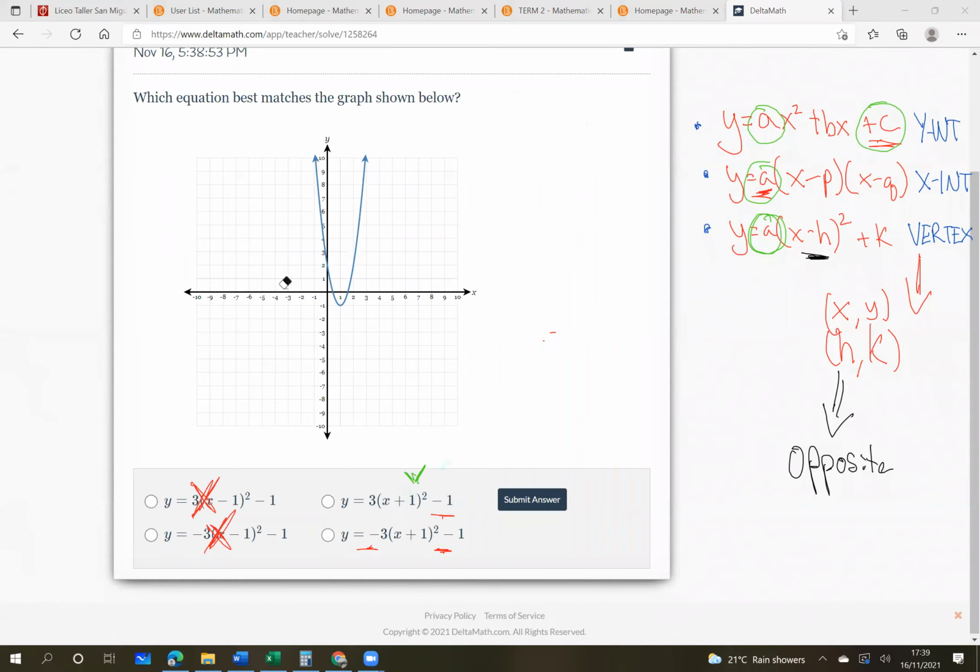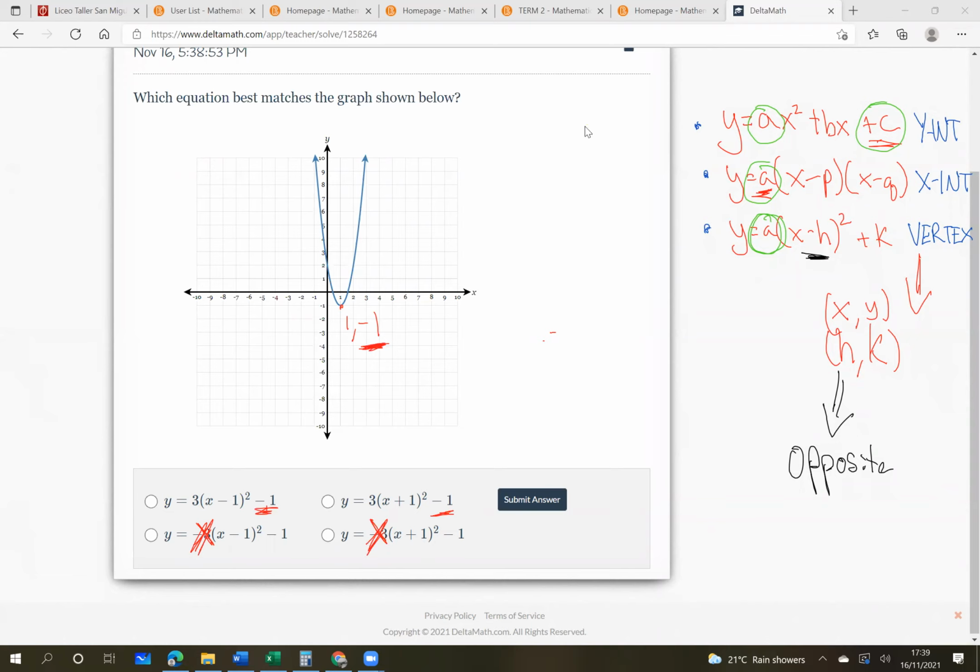New problem. Take a look at the forms, and I hope you have those in your notes because that is extremely useful. What do we have here? Here we have a vertex at 1, -1. And since it appears to be a happy face, I can cross this option off, and I can cross this option off. Now I know that my k is -1, because that's what we have as my y coordinate.